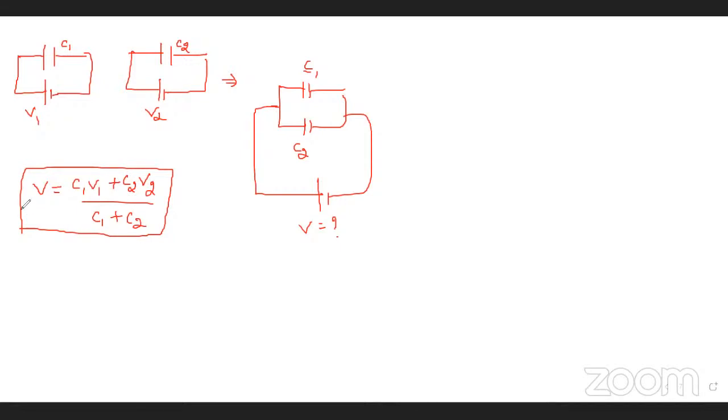Now, whenever these two capacitors are connected like this, definitely there will be a loss of energy. How to find that loss of energy? The loss of energy is given by the formula half times C1 C2 by C1 plus C2 into V1 minus V2 whole square.